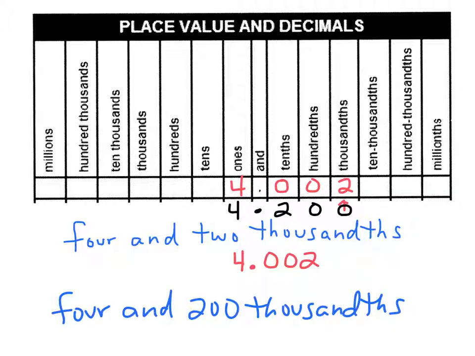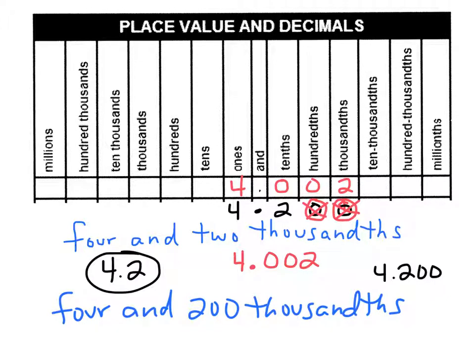So 4 and 200 thousandths would be written like this. Now, because these are just zeros, they're really placeholders, I don't even need them, which does show you that 4 and 200 thousandths is exactly the same thing as 4.2 or 4 2/10.